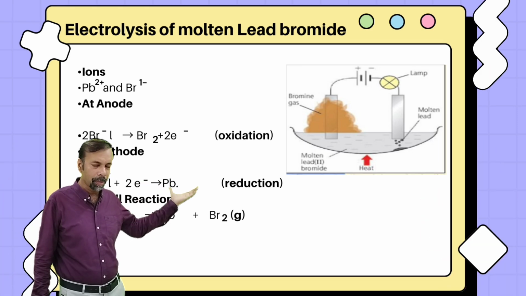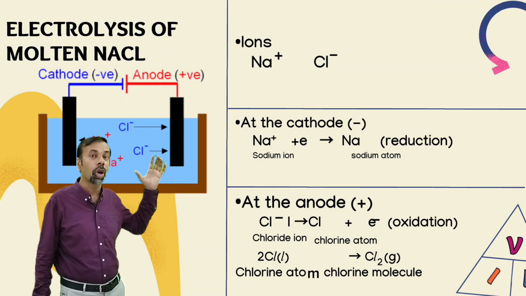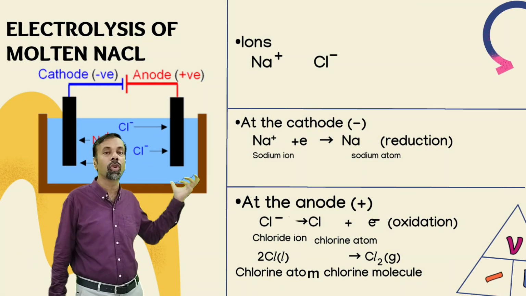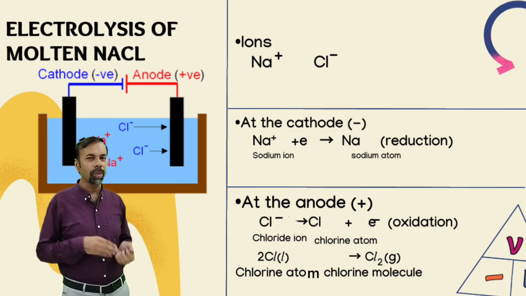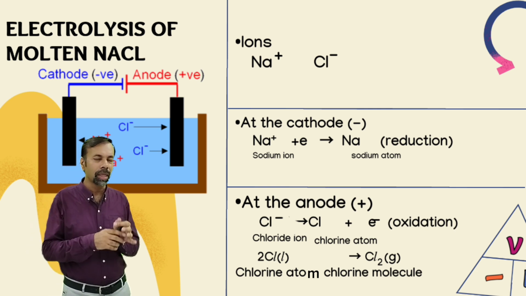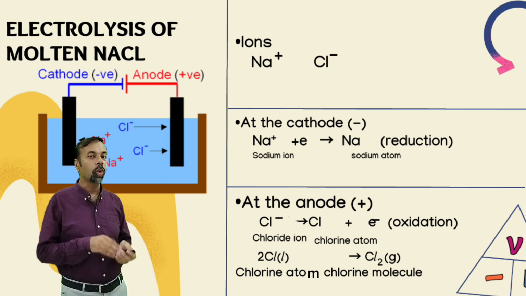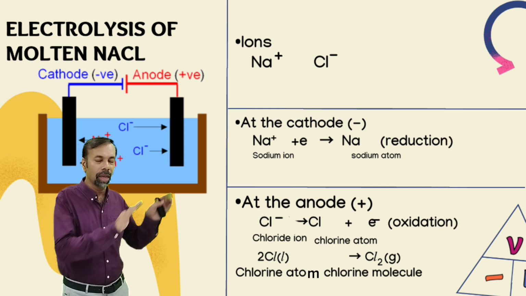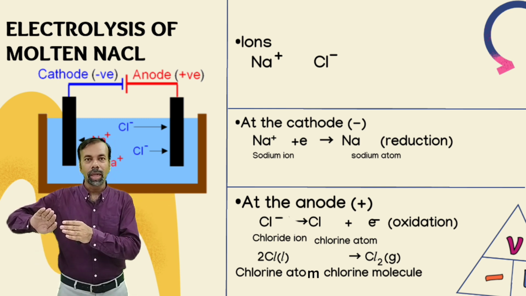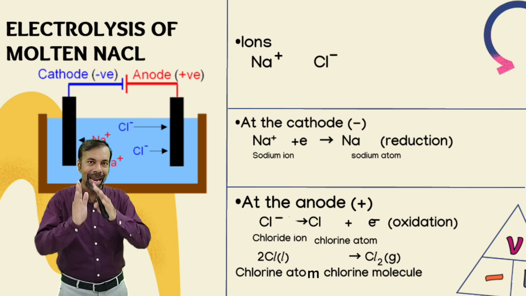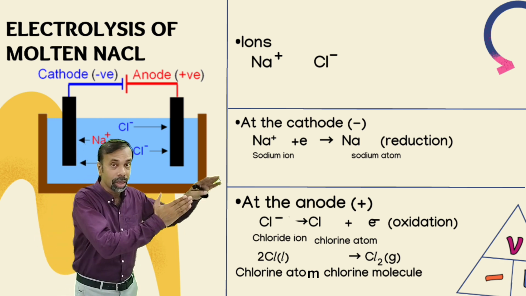Have a look at another example. This is electrolysis of molten sodium chloride. In molten sodium chloride, there will be 2 types of ions: number 1, sodium ions, and number 2, chloride ions. Sodium ions are positively charged, they will travel toward the cathode. Chloride ions are negatively charged, they will move toward the anode.